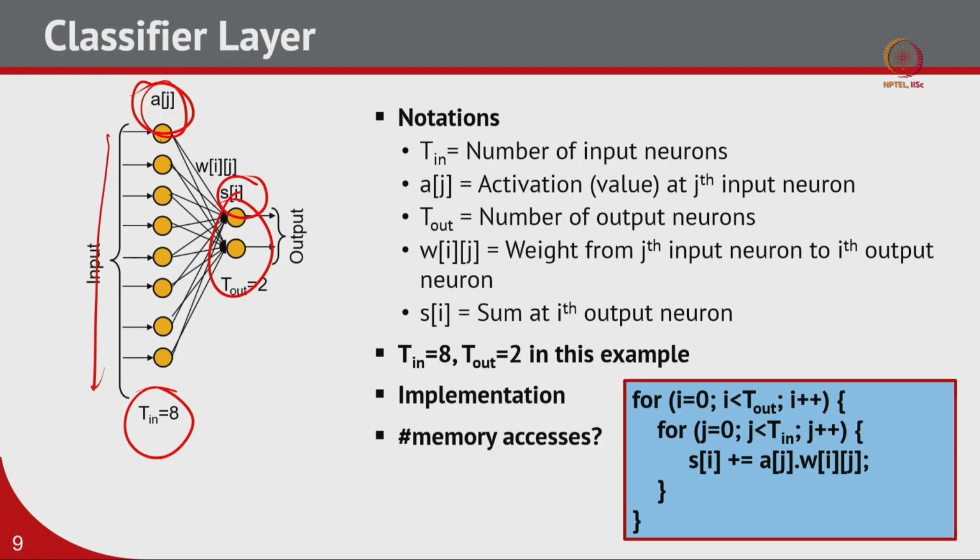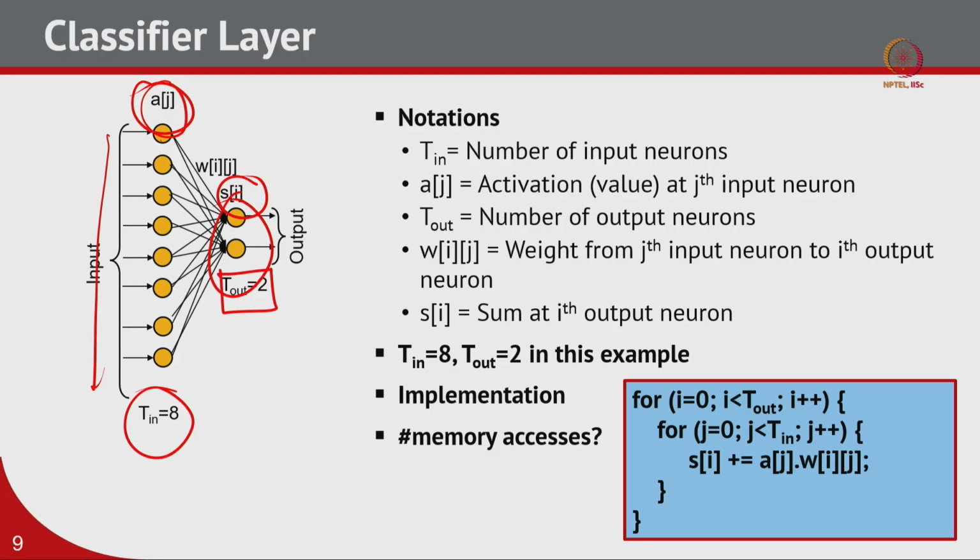Then we have T_out, which is the number of output neurons. In this case T_out is 2, and we have W_ij. Remember, whenever we have a multi-layer perceptron or one layer of perceptron, between the input and output of the layer we have weights, right. So, W_ij is the weight from the jth input neuron to the ith output neuron.